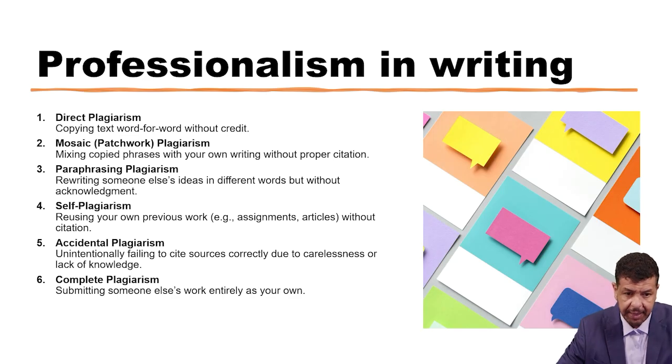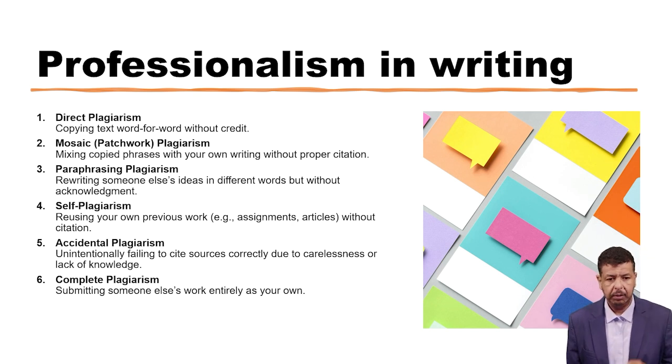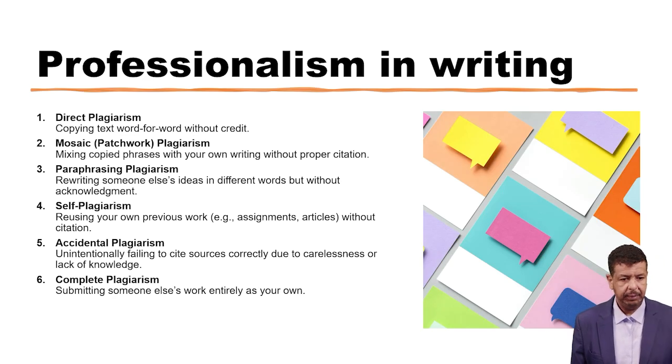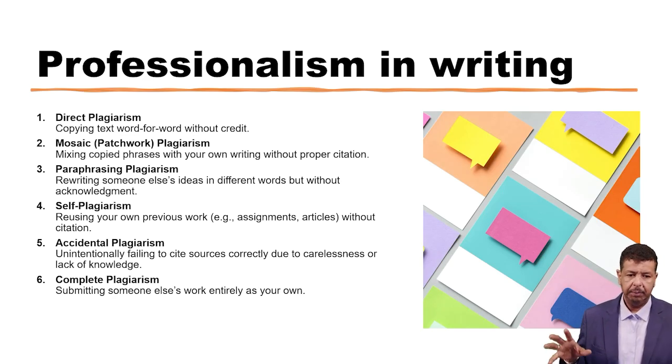The first one is direct plagiarism, in which text is copied word for word without crediting or mentioning the source of information. Or mosaic or patchwork plagiarism, in which copied phrases are mixed with your own writing without proper citation.